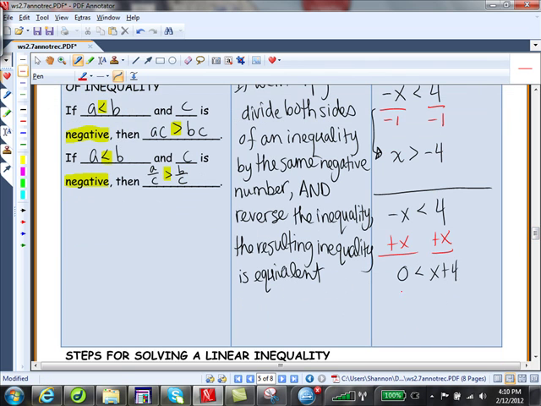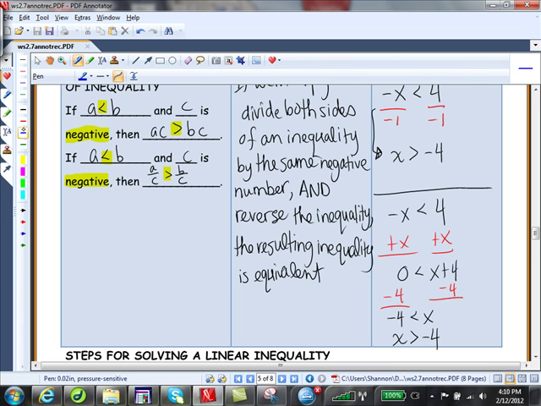And then we could subtract 4 from both sides, and we would get -4 is less than x. If you read that from right to left, the big side is opening towards x, so it says x is greater than -4. Do you see we got the same thing? So that is why it works.